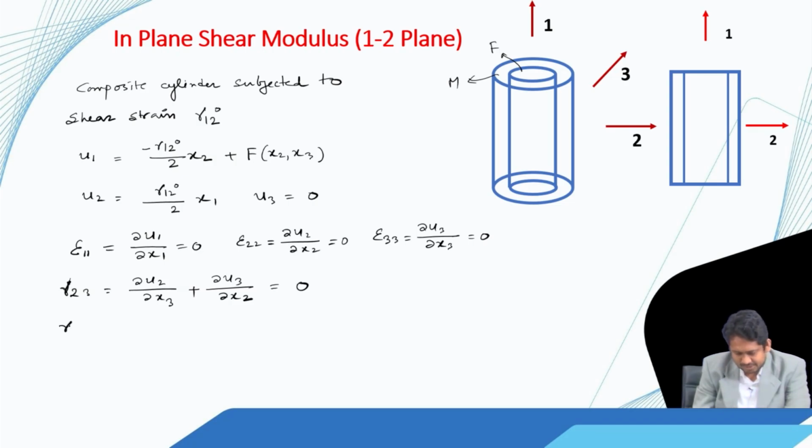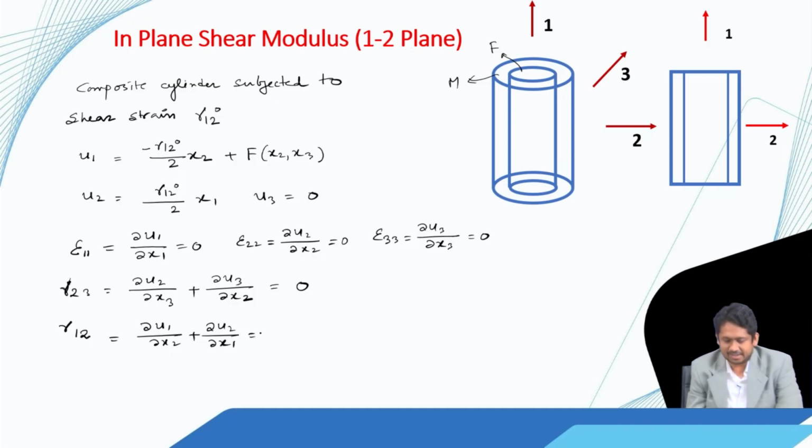Similarly, we can write gamma 12, that is del u 1 by del x 2 plus del u 2 by del x 1, and if we evaluate that, this becomes del f by del x 2.